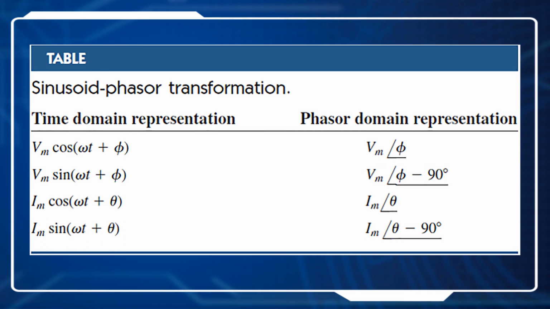If the sinusoid is Im cosine omega t plus theta, the corresponding phasor is Im angle theta. If the sinusoid is Im sine omega t plus theta, the corresponding phasor should be Im angle theta minus 90 degrees.